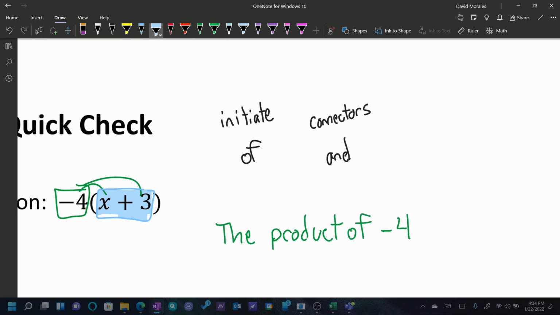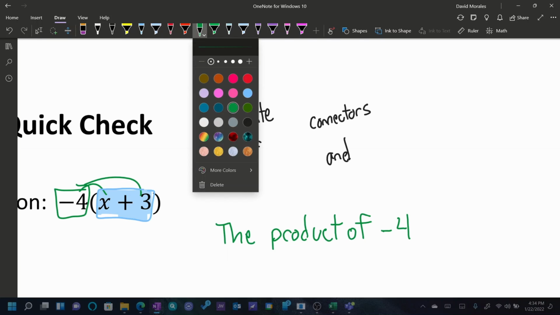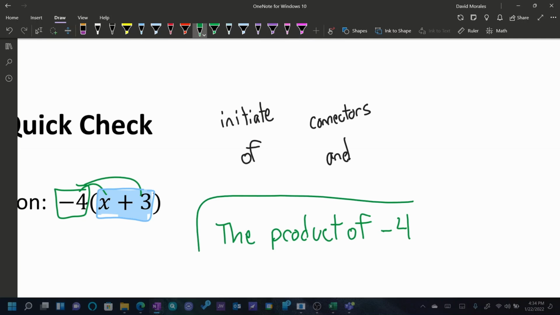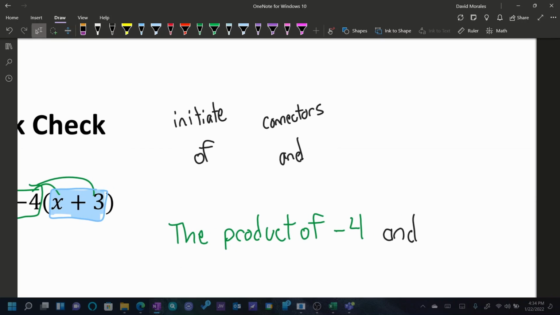So how do we separate these things? Well, the first group, again, is multiplying. And the first participant is a 4. The second participant is a group of addition. So now I'm going to introduce my second participant as a group, not as an individual.